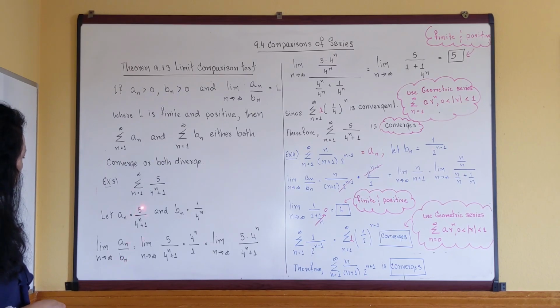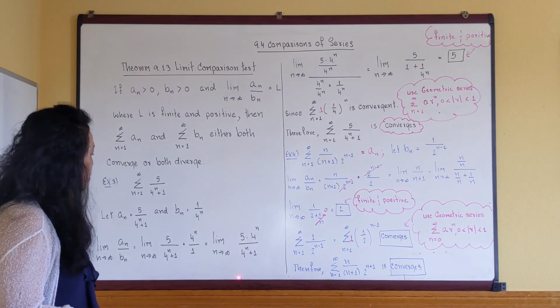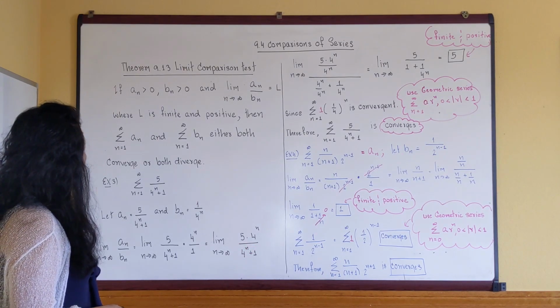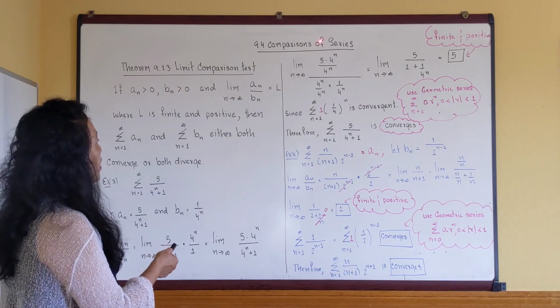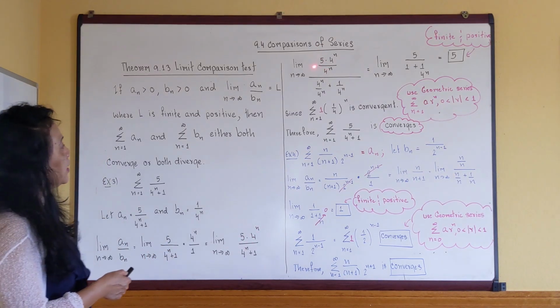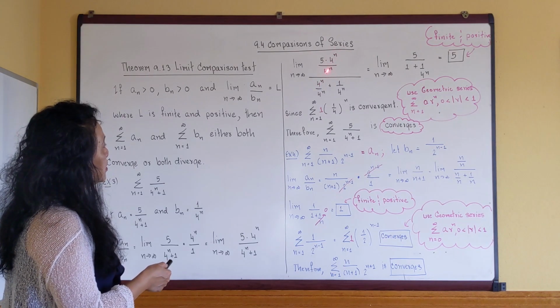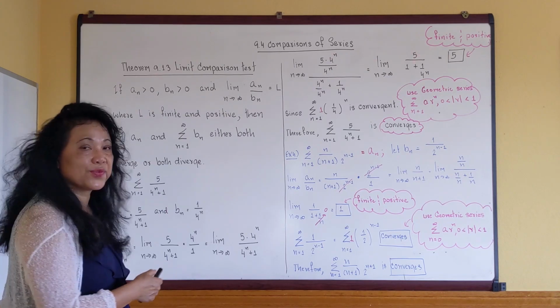I use substitution here, and I get this. I want to show you that I will have a finite and positive limit. From here, I divide both numerator and denominator by 4 to the n. The numerator, these two terms just cancel out, and I'm left with 5.